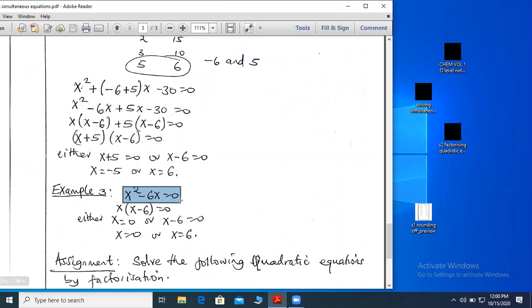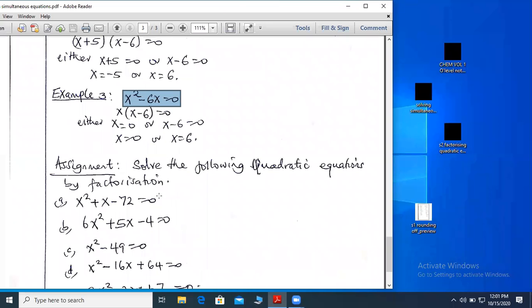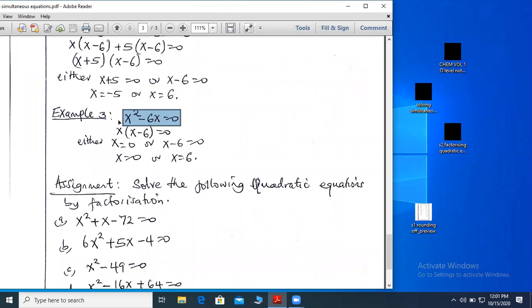So if I have x squared minus 6x is equal to 0, I can solve this by factorizing out x. And when I factorize out x, I remain with x here, minus 6 equal to 0.